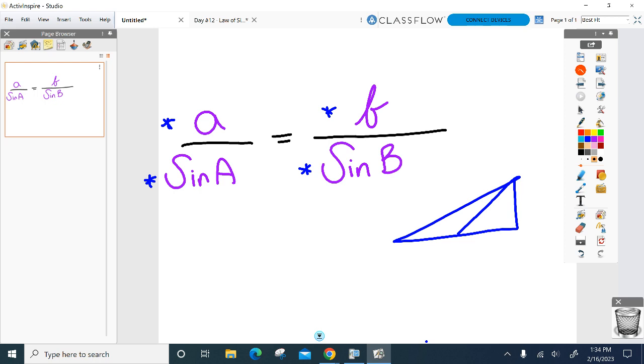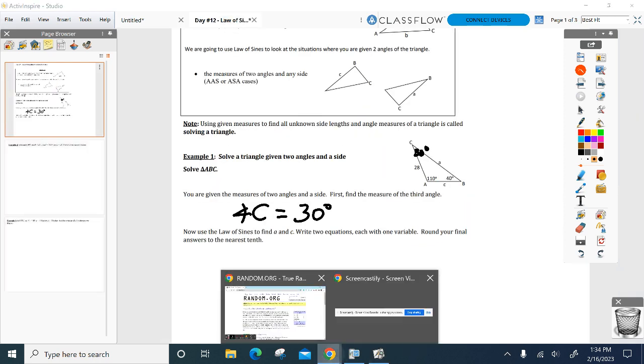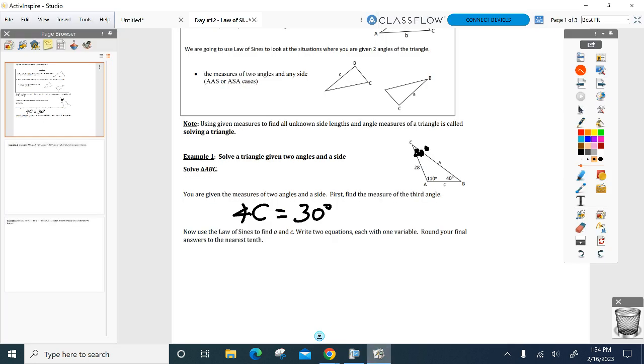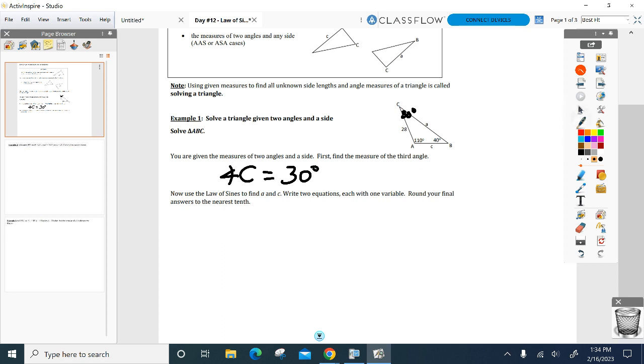So let's go back to our example here. I'm going to let somebody decide right now. You want to find side A or side C? Your call. Side C. Sure, let's go. Everyone ready? Let's find side C using the law of sines now, because nothing else I've given you in this unit works. So let me start with my proportion.